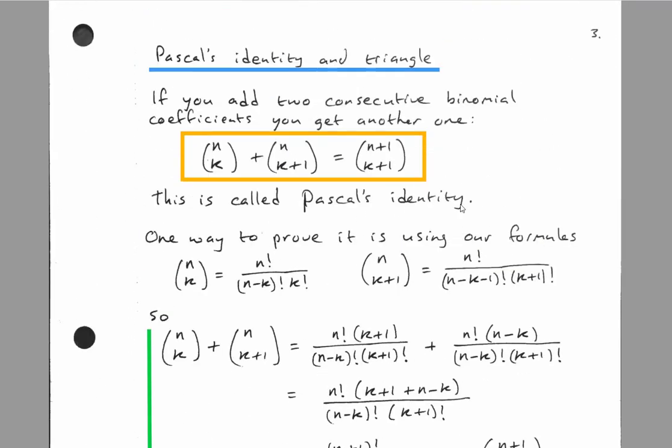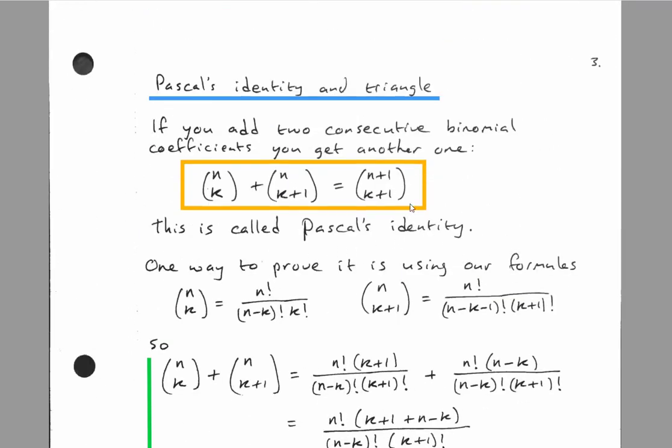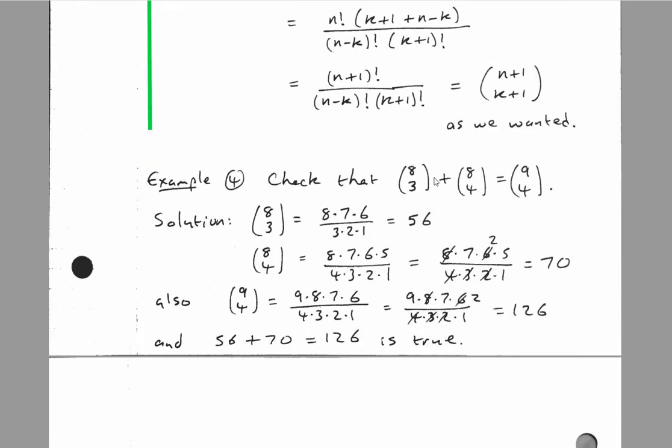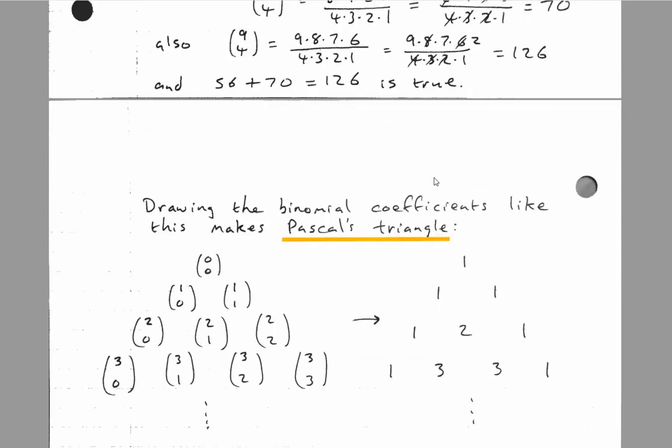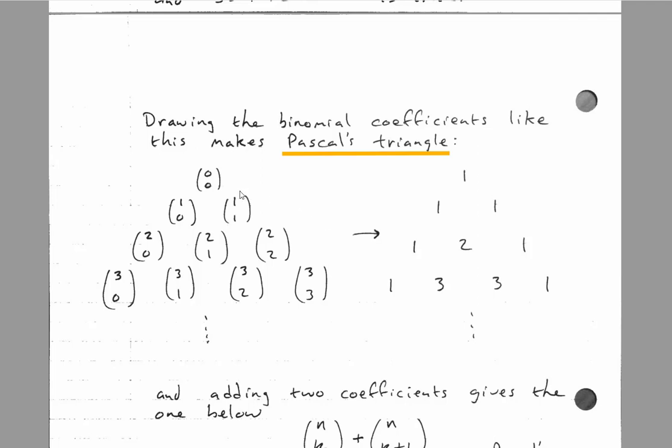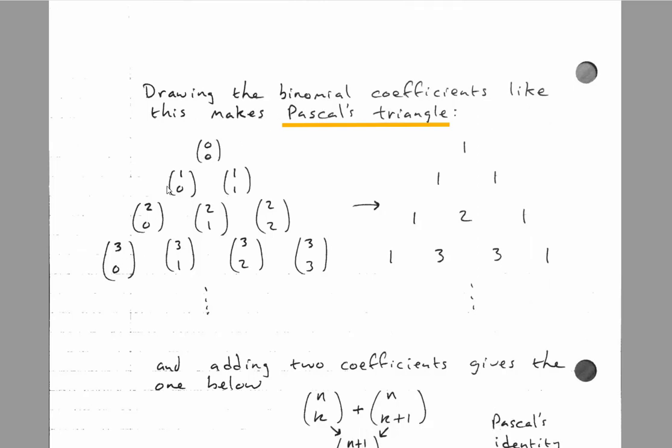So that's Pascal's identity. Let's take a look at Pascal's triangle next. If you draw the binomial coefficients and make a triangle like this, starting with 0 choose 0, well that's 1.